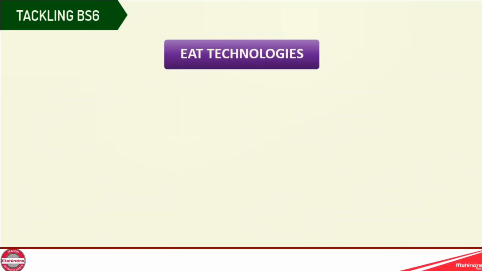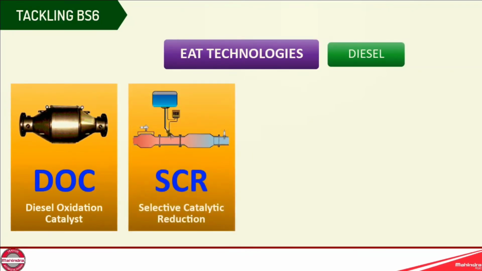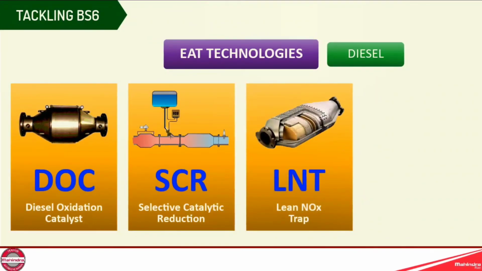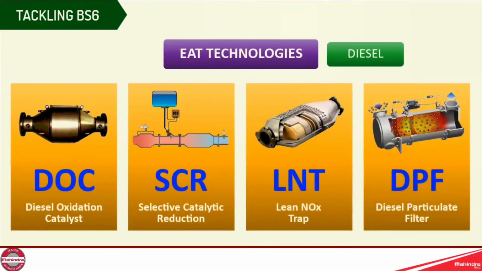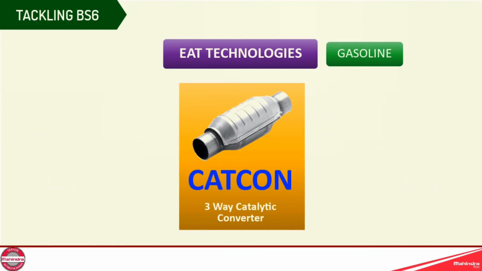EAT technologies like diesel oxidation catalyst (DOC), selective catalytic reduction (SCR), lean NOx trap (LNT), and diesel particulate filter (DPF) will appear in diesel vehicles, whereas the three-way catalytic converter will appear in gasoline vehicles.